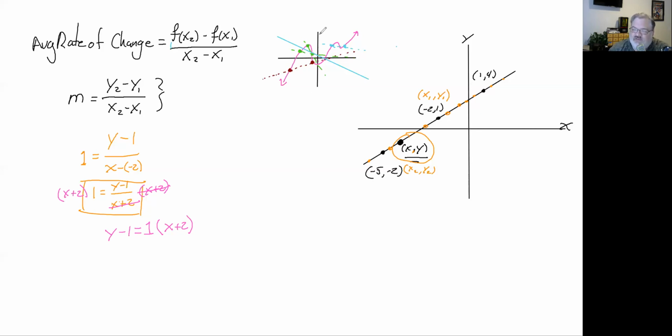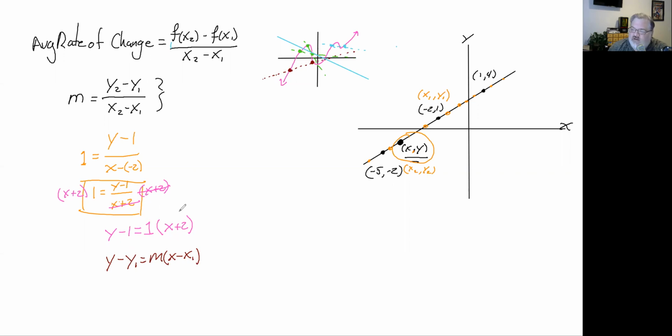And you might have seen this form of a line before. It would have looked like y minus y1 equals m times x minus x1. That's really what we have here. Our slope is right here, our 1.